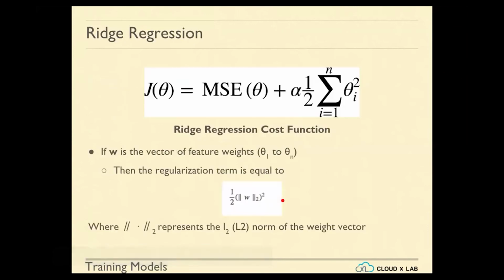I'm just wondering why there is a square. Ideally, there should not be any square here.